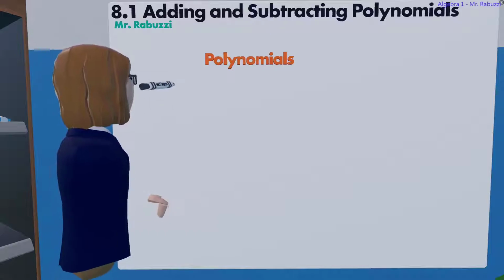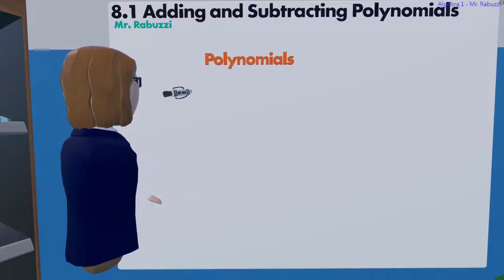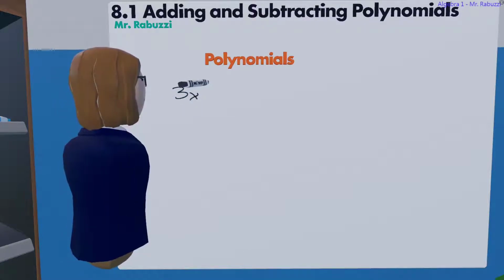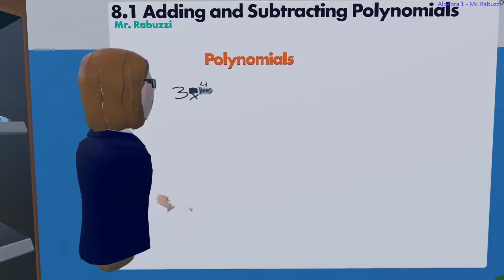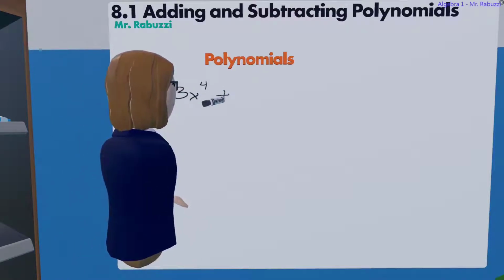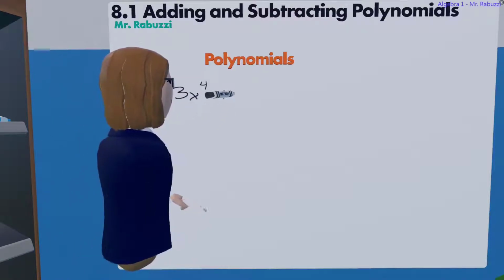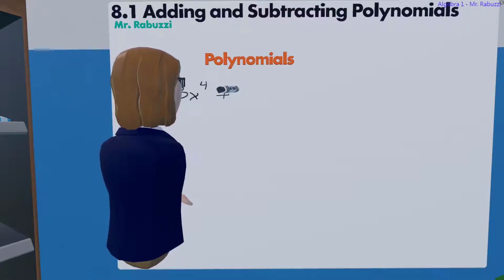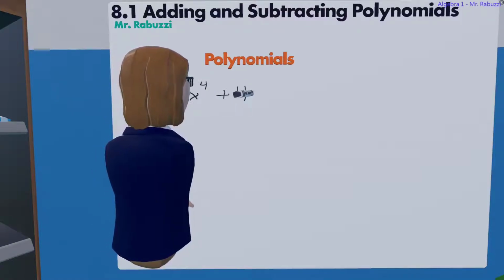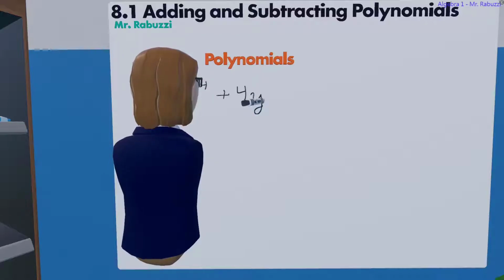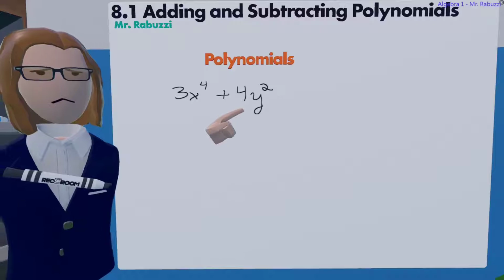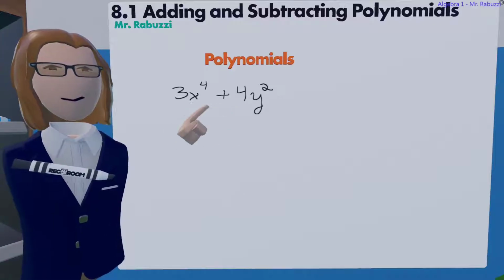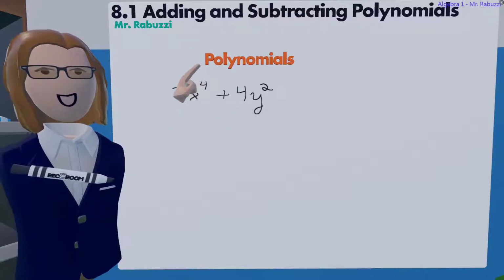So we know that 3x to the 4th, that's a monomial. Now let's add it to 4y squared. That's a monomial. So two monomials added together, that's a polynomial.